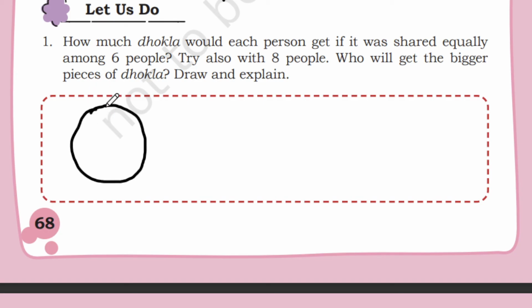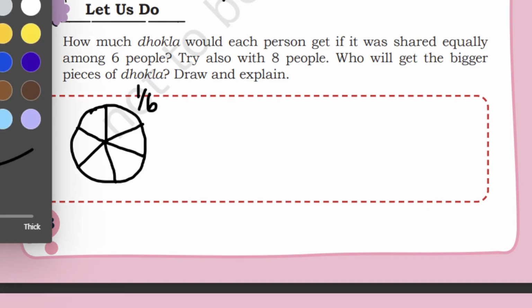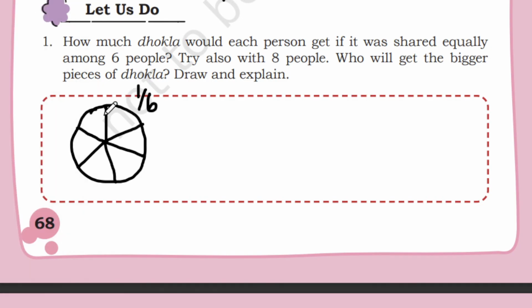So 6 parts. It should be 6 equal parts, okay? So one person will get 1 by 6 piece of Dhokla. So 1 by 6 piece I'm shading. So this is going to be 1 by 6.